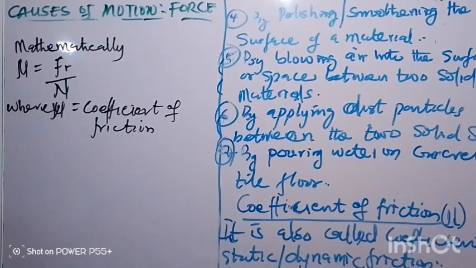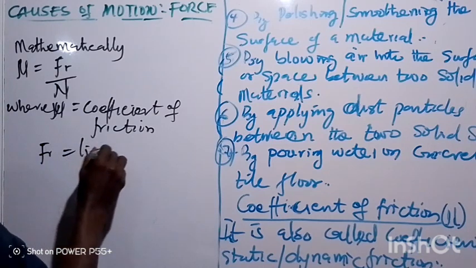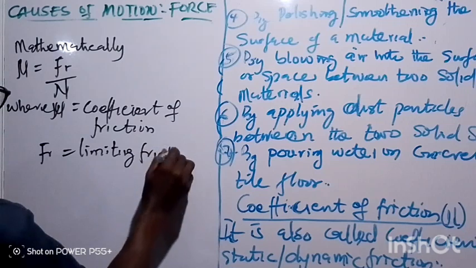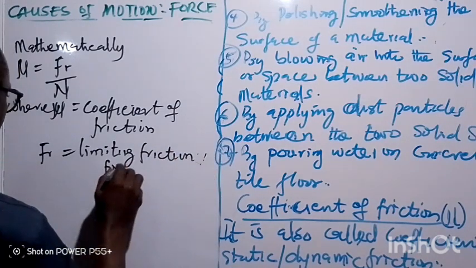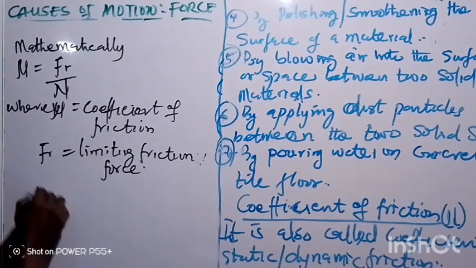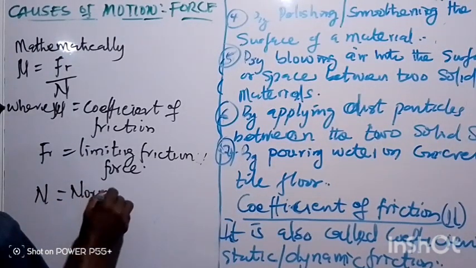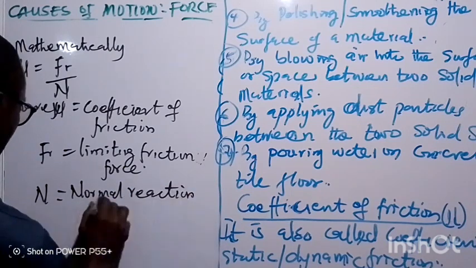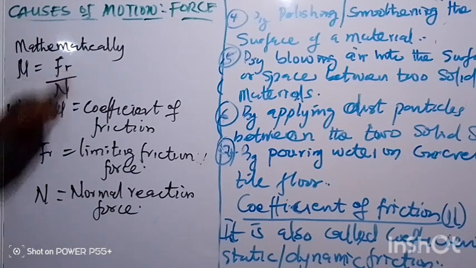Fr is limiting friction force, where N is normal reaction force. And from what we have seen on the board, limiting friction is a force, normal reaction is a force.